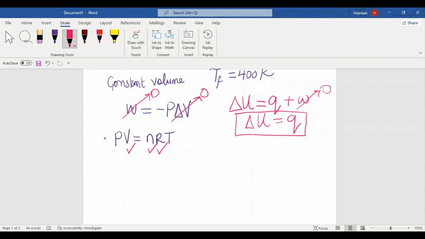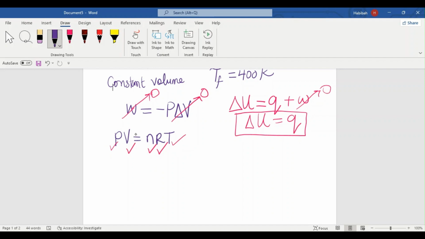The only things that have different initial and final values are the pressure and the temperature. So we're going to put P and T on one side of the equation and the constant information on the other side.